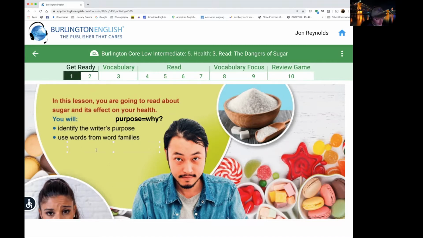Now, let's take a moment and discuss what a word family is. And we'll look more at it as we look at this particular reading. A word family is when we take a particular word and change it by adding things to the ending of the word. So, for example, let's take the word teach.